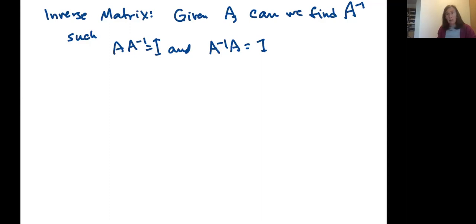That's sweeter than you might have expected, that the inverse of the transpose is the transpose of the inverse. Rule 4, if A and B are both invertible, then so is the product AB, and AB inverse equals B inverse A inverse.